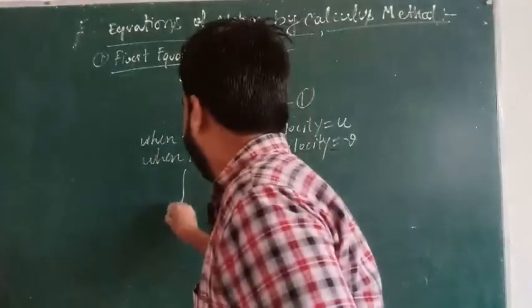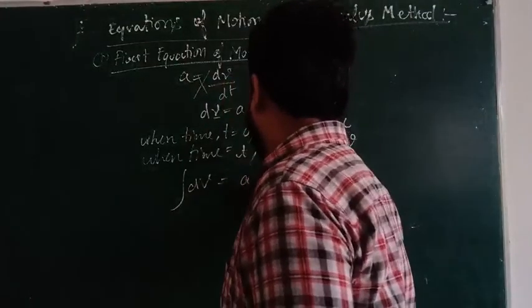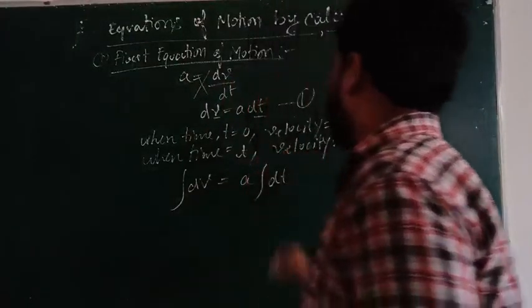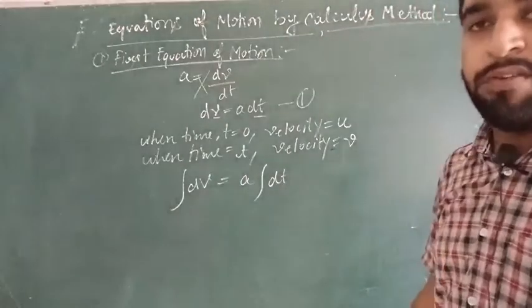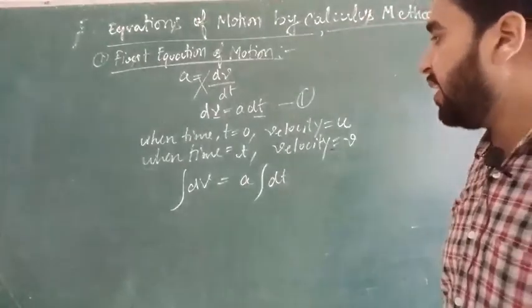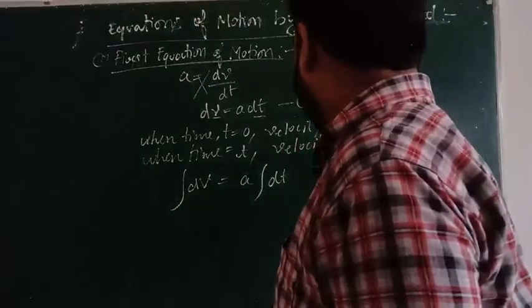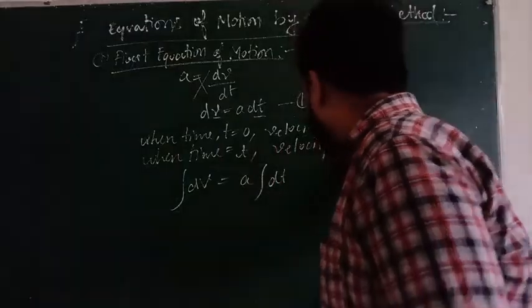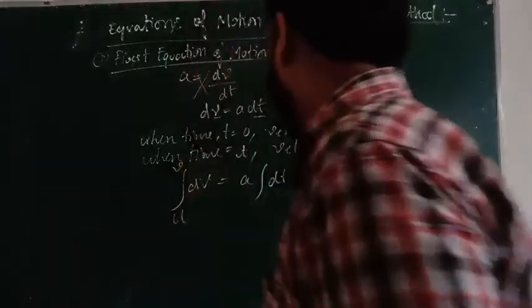So integration dv is equal to a, which is constant so it will be out of the integration, dt. Now students, we are going to apply definite integral. We are not going to apply the indefinite integral, so there should be limits. So when is the velocity? Velocity is from u to v. So lower limit will be u, upper limit will be v.